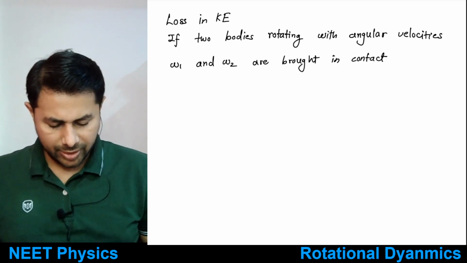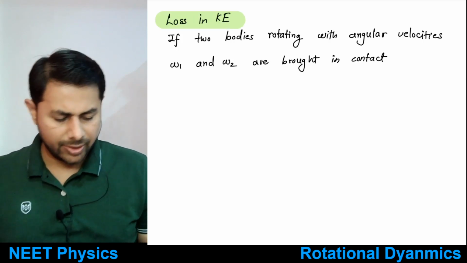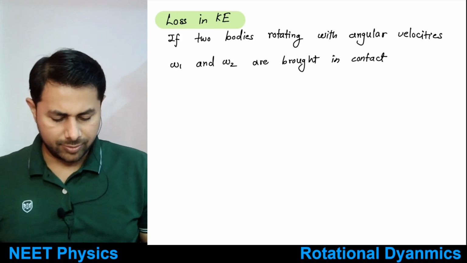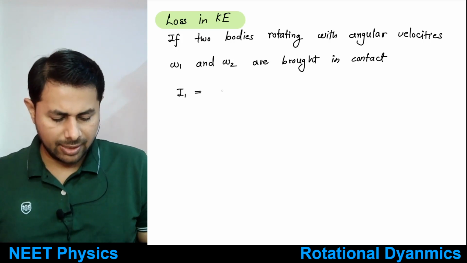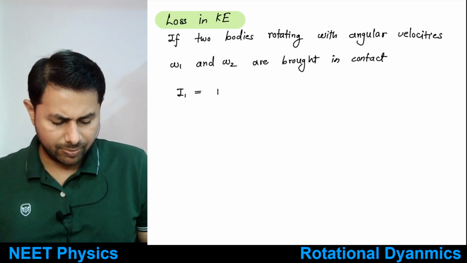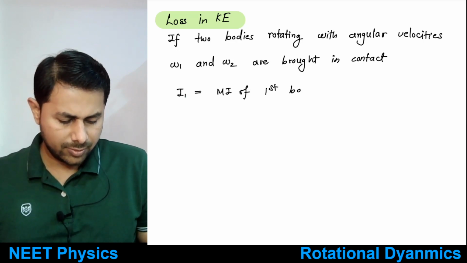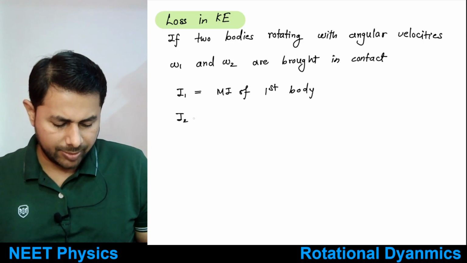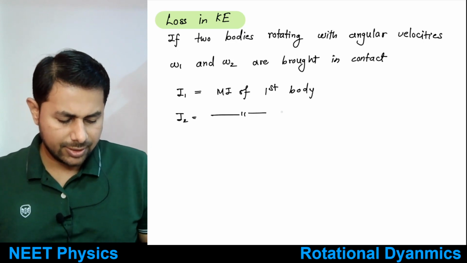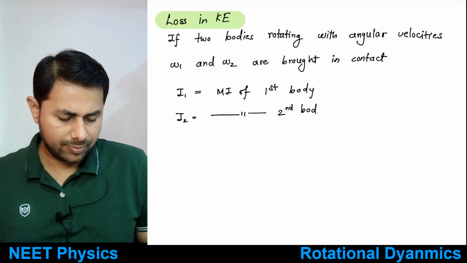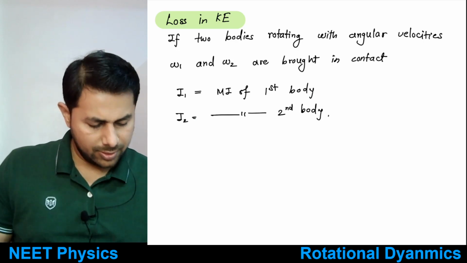They are rotating with angular velocities omega 1 and omega 2. So I1 is the moment of inertia of the first body, and I2 is the moment of inertia of the second body, right?